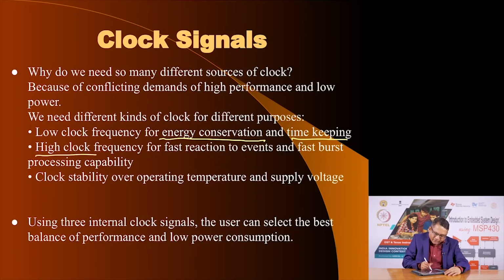The high clock frequency will allow you to react to external events in a short time, and therefore, that is beneficial when you want to respond quickly. And if you want a stable clock, then having a crystal based oscillator is the best option. And MSP430 allows you all the three options.